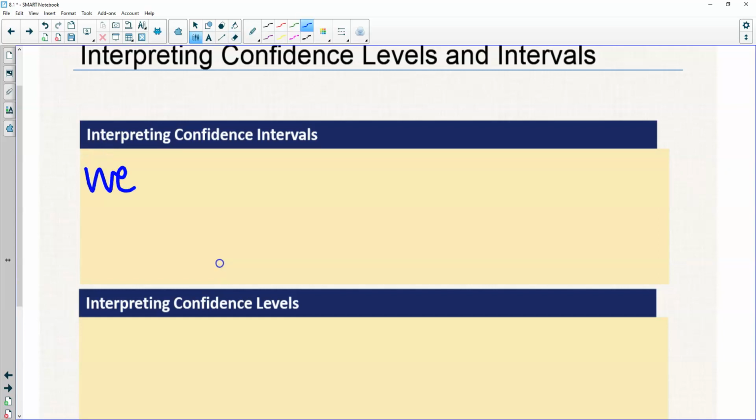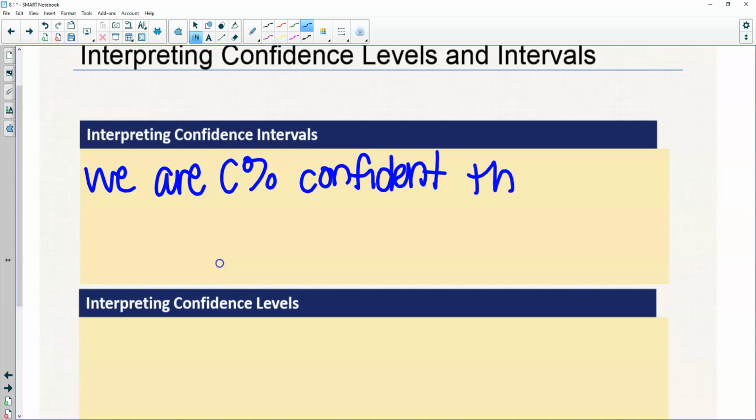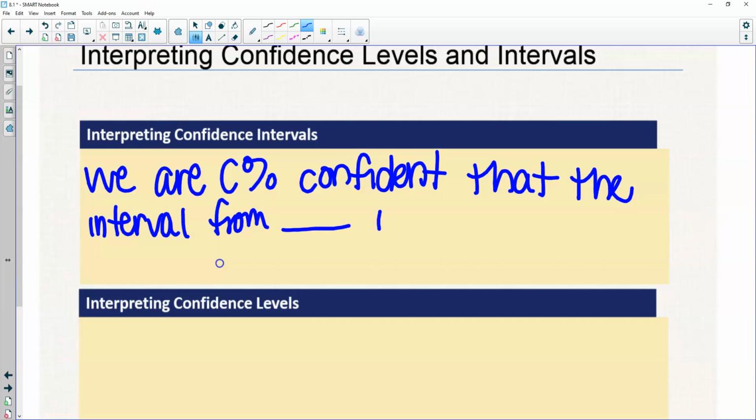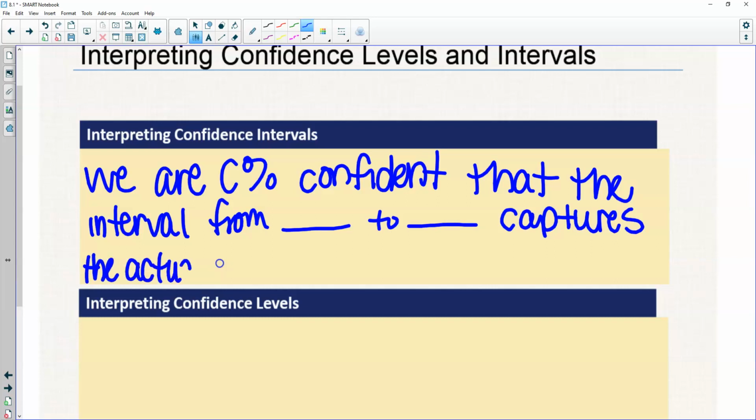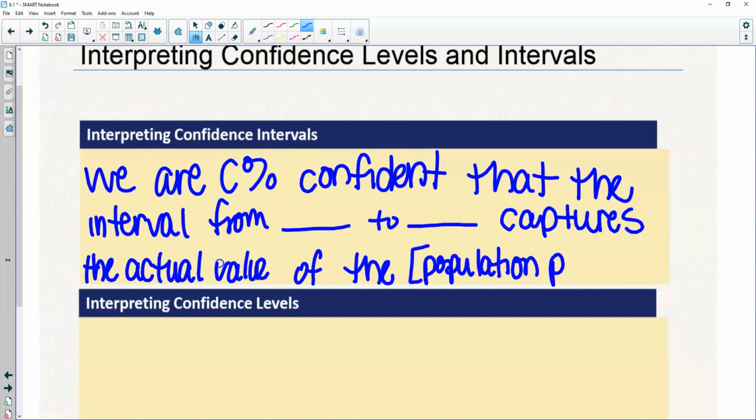To interpret a confidence interval: we are C% confident, and that's obviously going to vary by question what the confidence percent is, that the interval from blank to blank, we're going to have numbers there obviously, captures the actual value of the population parameter in context.